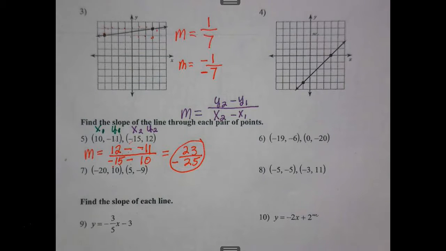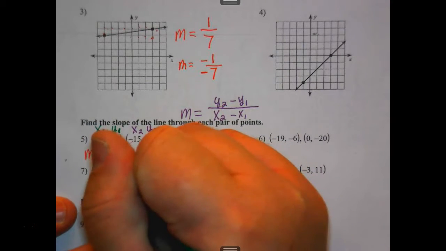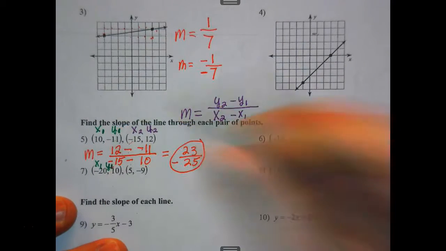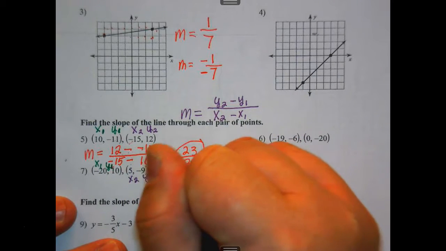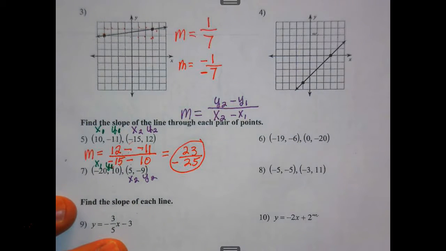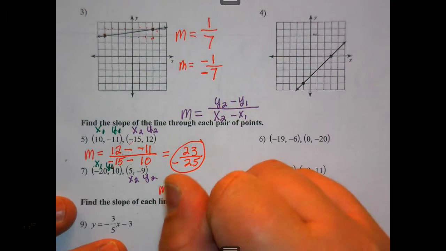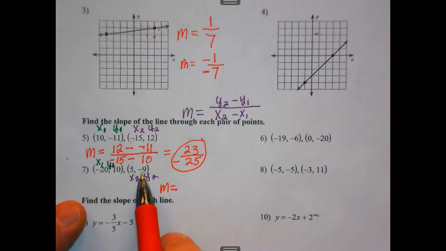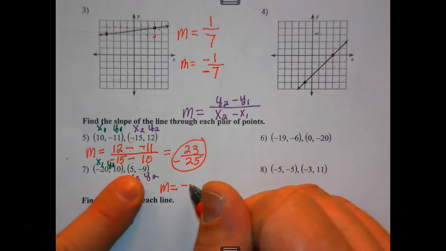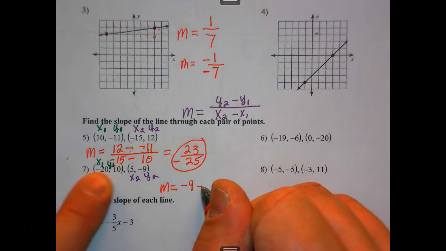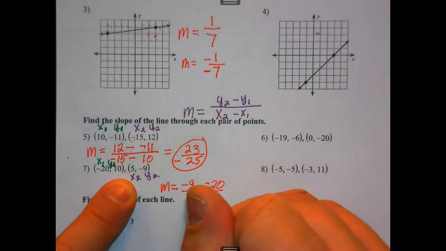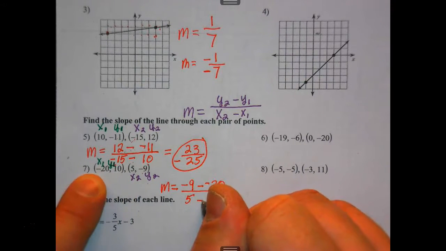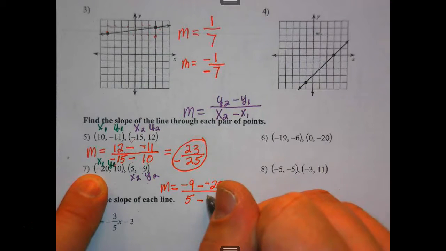Number 7. Here's my x1, y1, x2, y2. So my slope equals negative 9, my y2, minus my negative 20, good, all over my x2, minus, I'm sorry, this is negative 20.